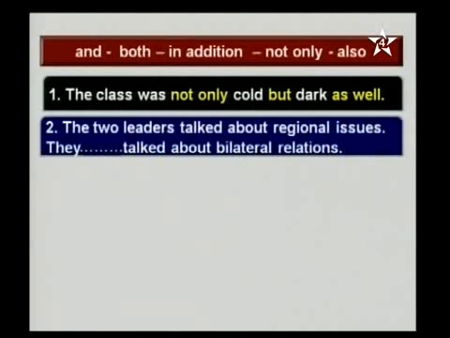Look at the second example. Is it and, both, in addition, or also? We have already used not only. So, which one do you think is correct? Yes, also. The two leaders talked about regional issues. They also talked about bilateral relations.